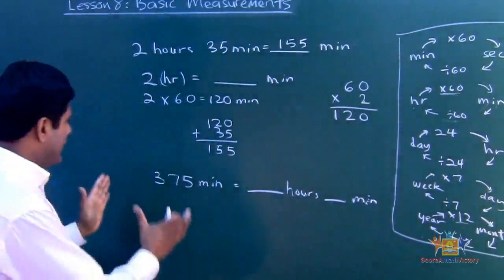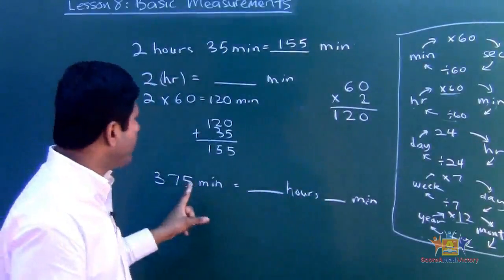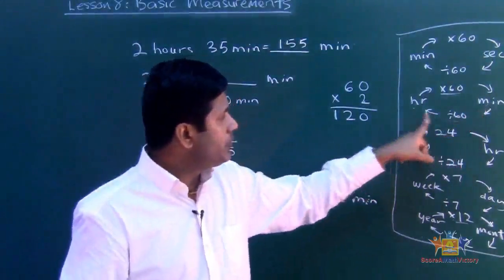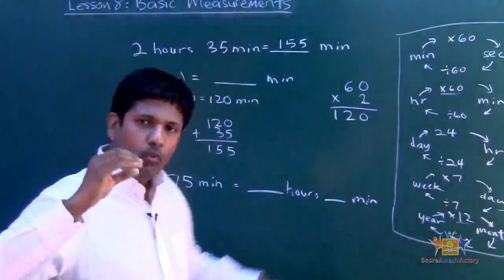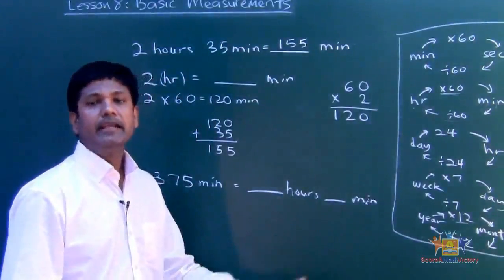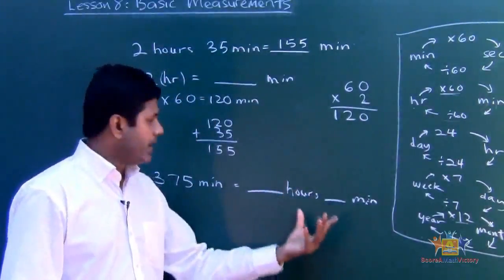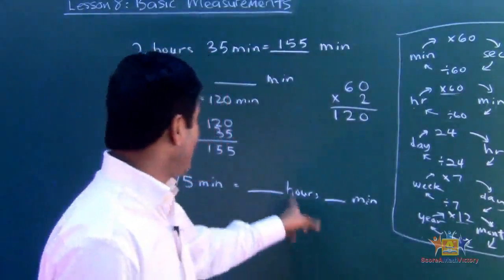So first, let's change that minute into hours. That means if I want to go from minutes to hours, what am I doing? Dividing that by 60. Okay, when I divide, I'm going to get some balance, a remainder. Alright, the balance or the remainder is going to be my minutes. The quotient is the one that's going to be my hours.